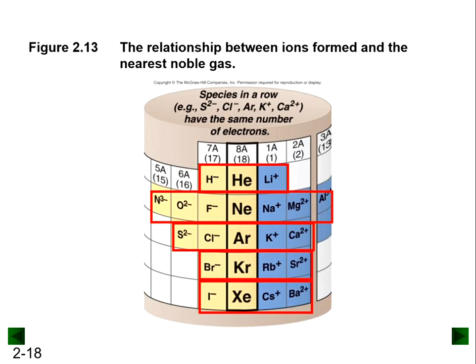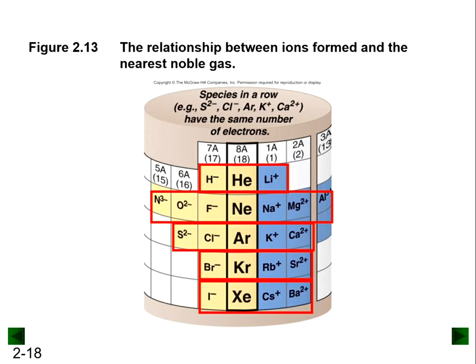And it turns out that the elements nearby them in the periodic table tend to either lose or gain electrons to reach that stable state so that they will have the same number of electrons as the nearest noble gas. So, for example, lithium, which is atomic number 3, tends to lose 1 electron, so it only has 2 electrons, and that mimics the electron structure of helium.